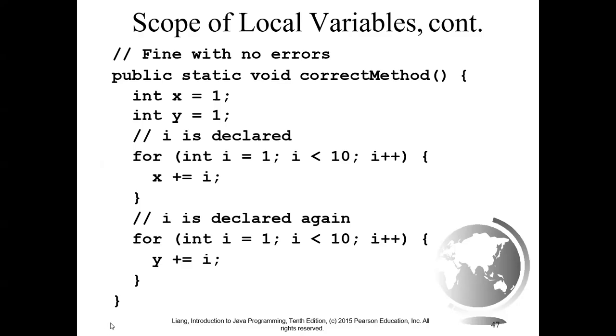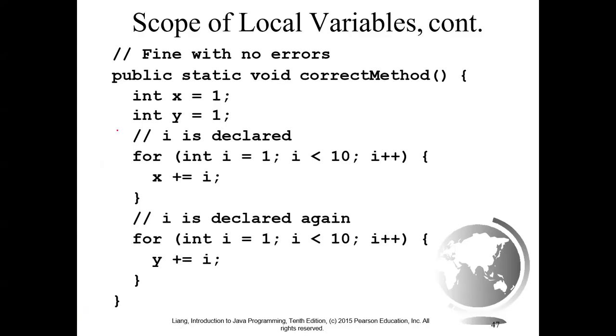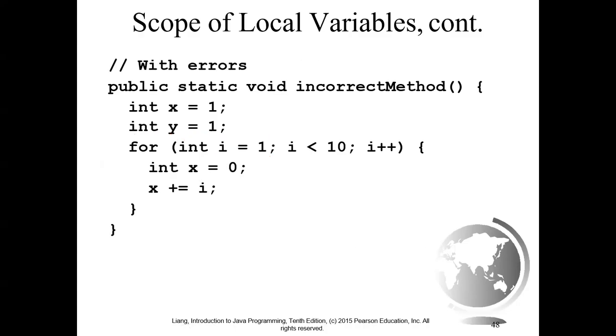But what if I declare an integer i equal to 1 here? Okay, this is not correct, because the i has some conflicts after that. Okay, this is with errors. Where are the errors? x1, y1.